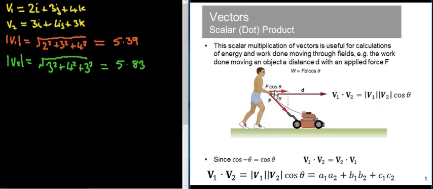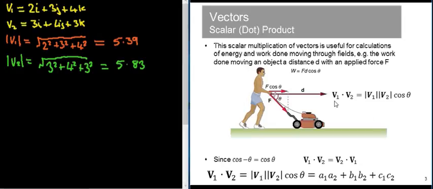So you've got a force vector here, and a force vector here, which gives you a resultant vector, which is the product of those two individual vectors. So the product, or as it's sometimes known, the scalar or dot product, is written in this way, and it is equal to the magnitude of vector 1 multiplied by the magnitude of vector 2, and you can see in our example we've already done those magnitudes, times cos theta.